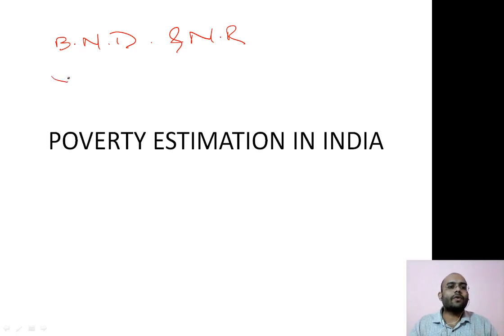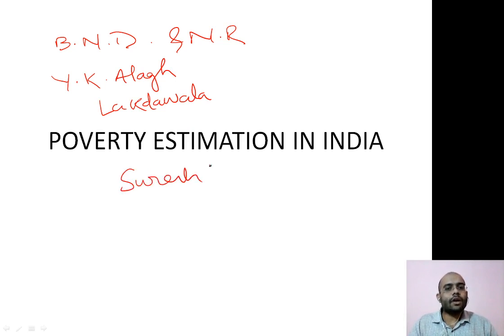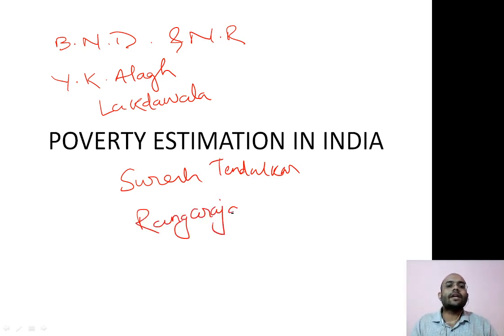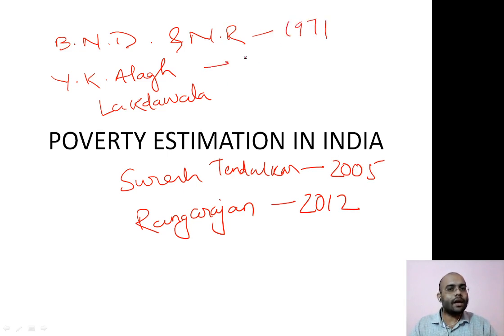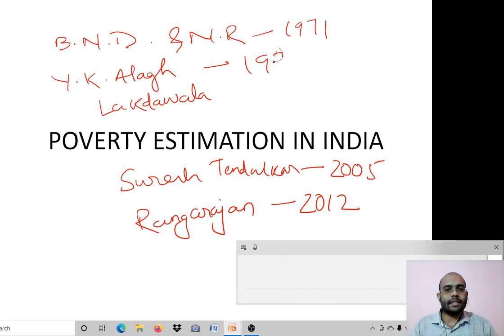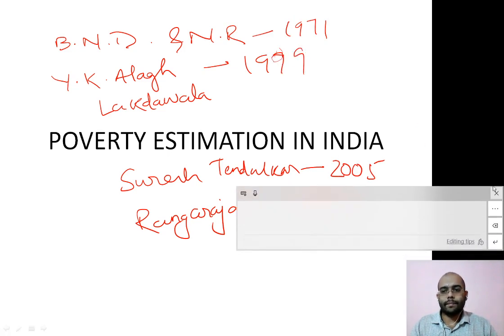Next you will find the Y.K. Alagh committee, followed by the Lakdawala committee, then the Suresh Tendulkar committee, and then the Rangarajan committee. The most recent one is the Rangarajan committee of 2012, Suresh Tendulkar committee in 2005, B.N. Dandekar and Nilkant Rath in 1971, Y.K. Alagh in 1979, and so on.